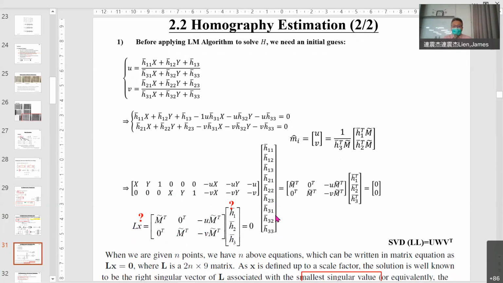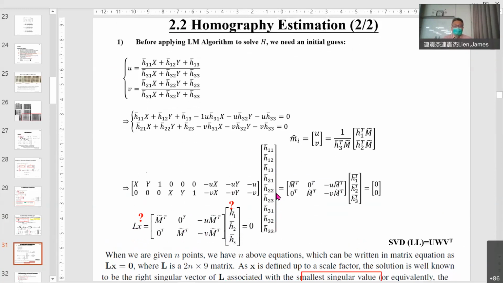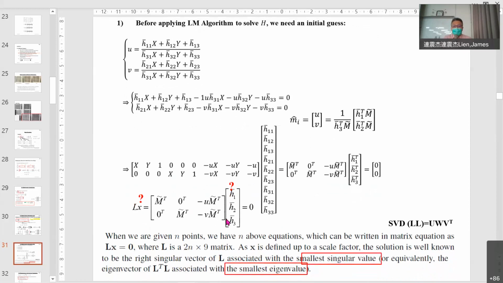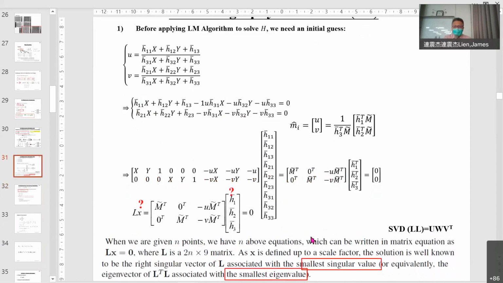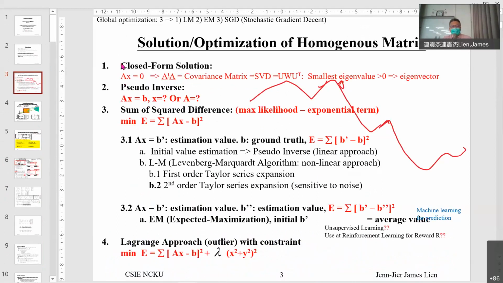Okay. So when we solve this Lx equal to 0 problem, back to this table, we use a closed form solution. If Ax equal to b, where b doesn't equal 0, we use a pseudo inverse.